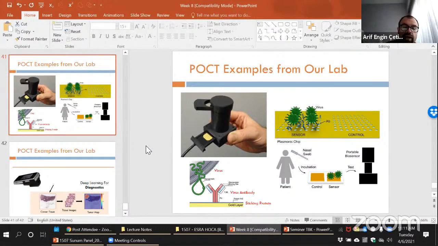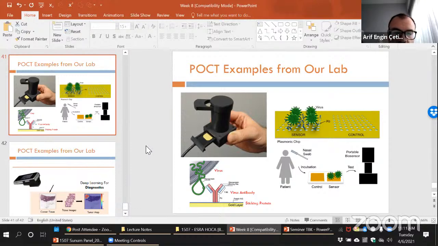But at the end of my PhD, like 5 years later, we figured out a way to fabricate those chips in a high throughput manner and much cheaper. I started my PhD when the chip cost more than $100. When I finished my PhD, it was $6. Even for a research project, $6 was very cheap.